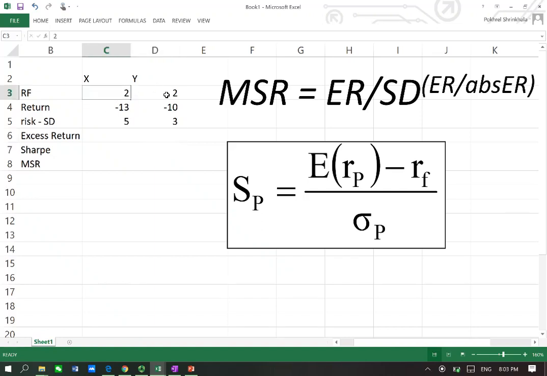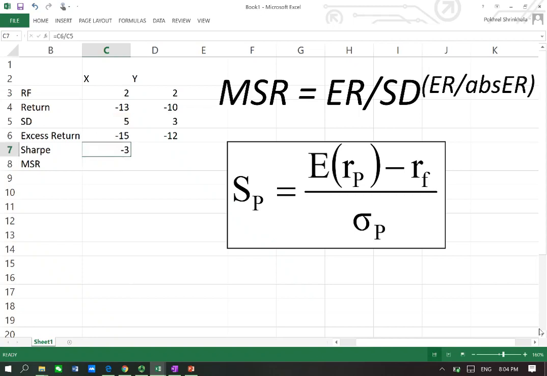We've got the risk-free rate, the return, and the risk represented by standard deviation, which is 5 and 3. The excess return is the return minus the risk-free rate, so it will give you minus 15, and here it will be minus 12. So we now have the excess return, the numerator part, and calculation of the Sharpe ratio is simple and straightforward.